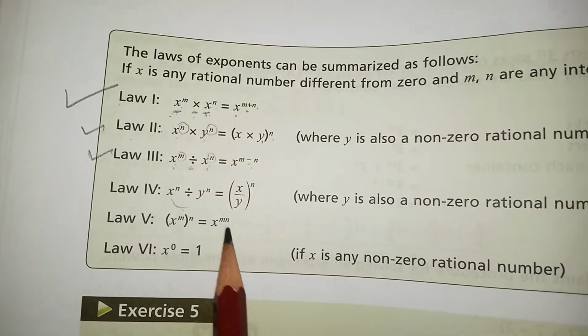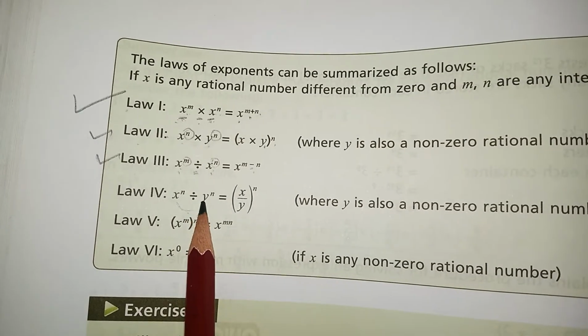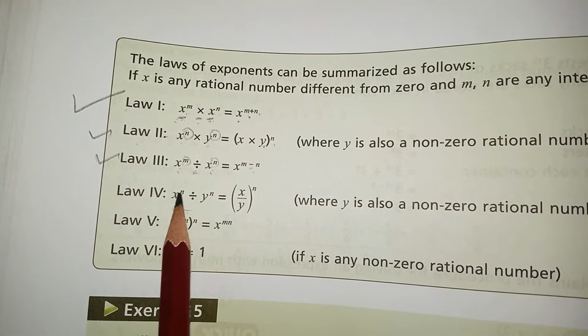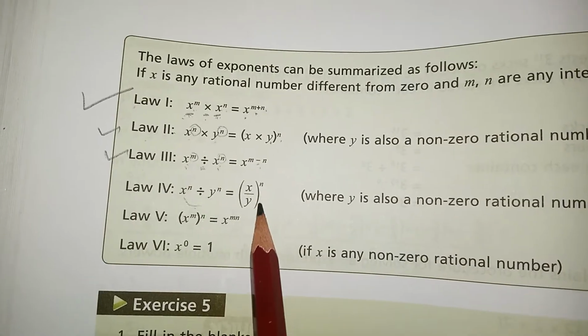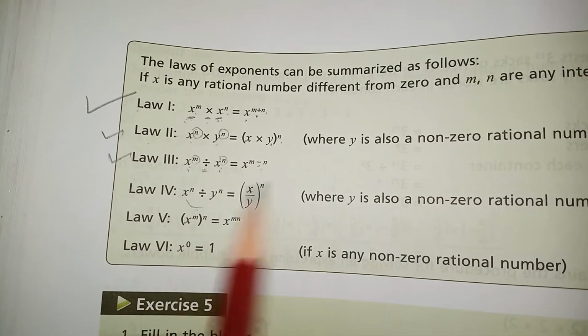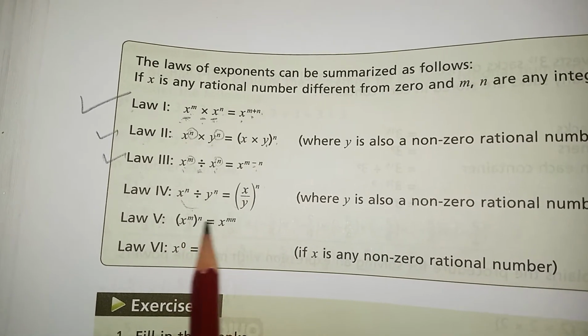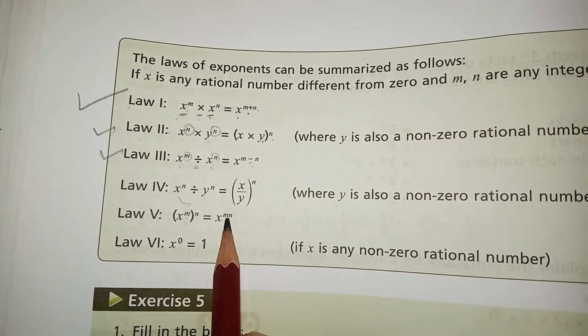Law number 4 is almost the same as law number 2: when two numbers are being divided and they have the same power, the power will be taken common. In law number 5, when there is power on power, the two powers will be multiplied.